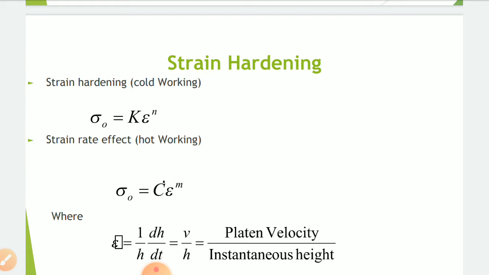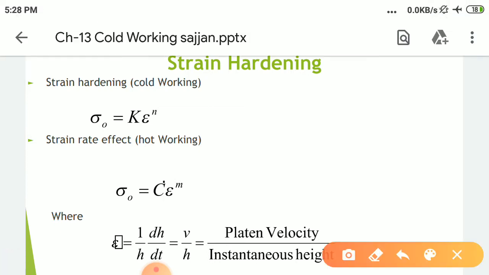This formula is very important from the strength of materials point of view as well as the production point of view. You must remember this formula: sigma equal to k epsilon power n. That is for cold working, and for hot working it is given as sigma equal to some constant c into epsilon power m.